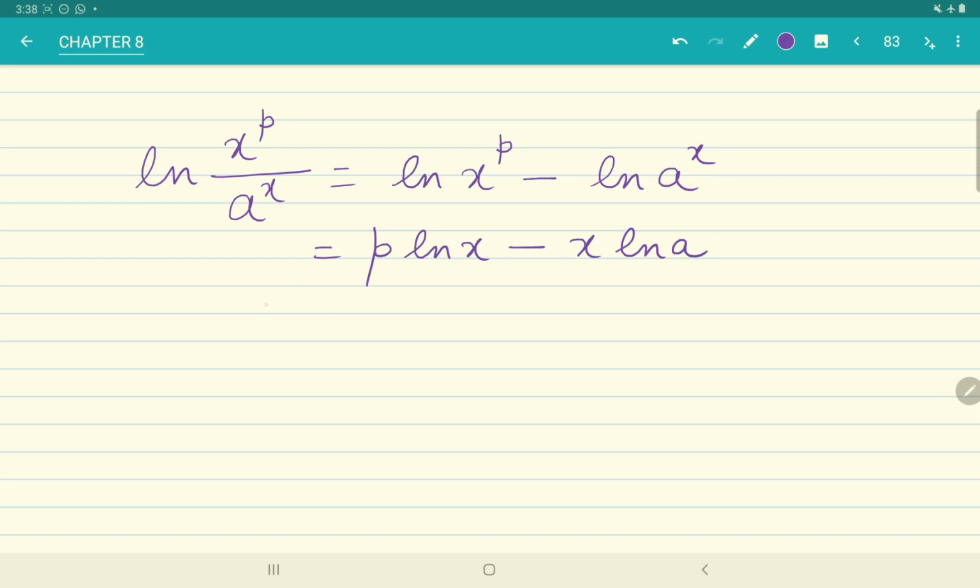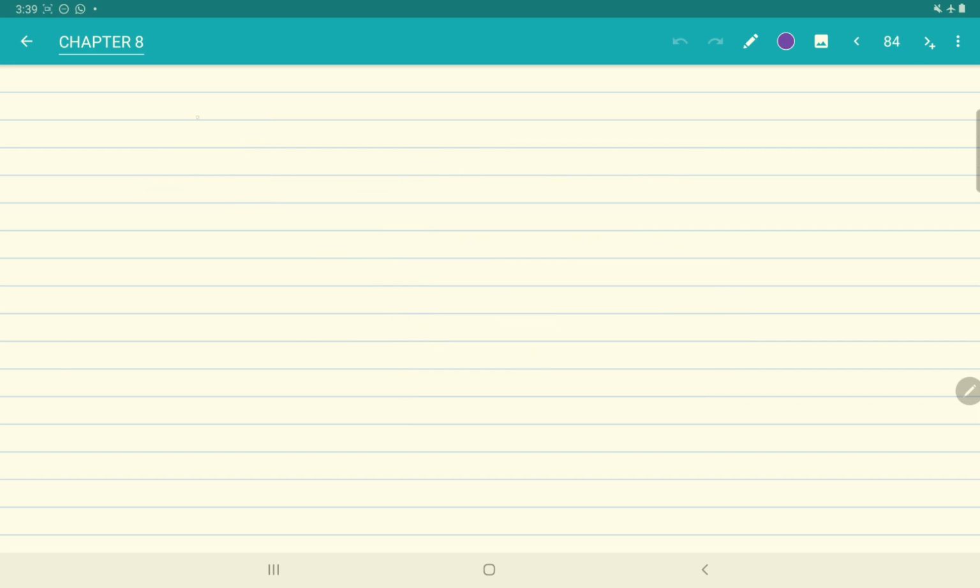And this can then be written as, I can take x out, so x times (p ln x by x minus ln a). I know that a is greater than 1. What does that mean? That means ln a is greater than 0.